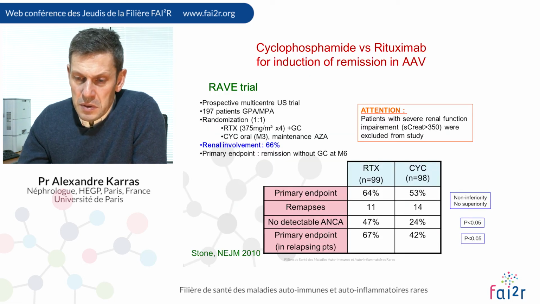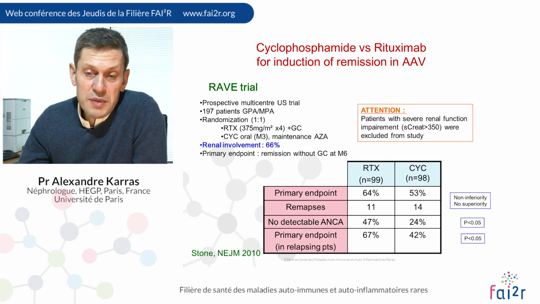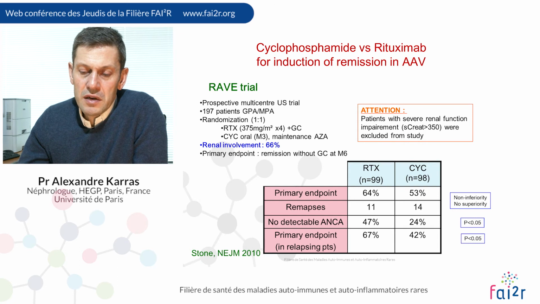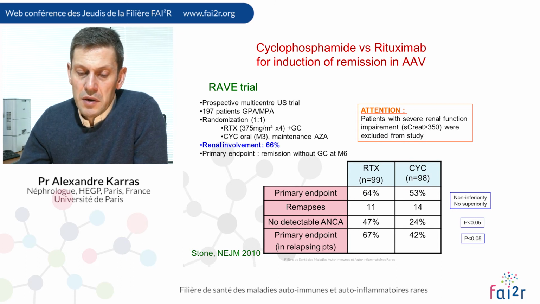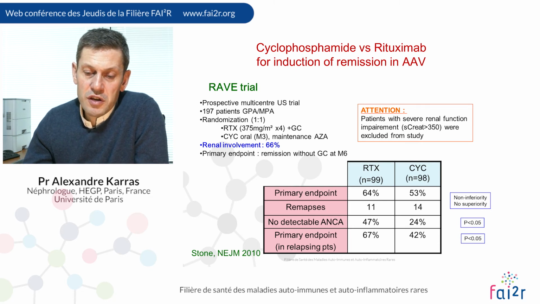So, can we give the rituximab to all those patients? The RAVE study published 10 years ago has shown that there is a non-inferiority between those two drugs, and that we can have the same percentage of relapses on the short term.